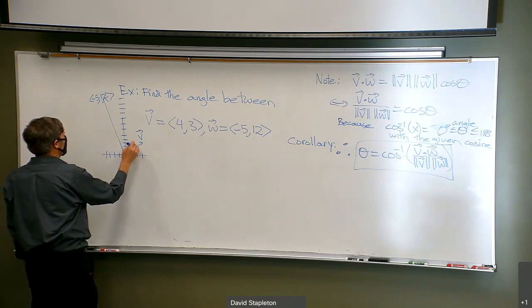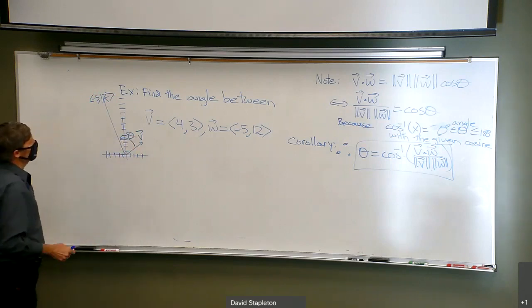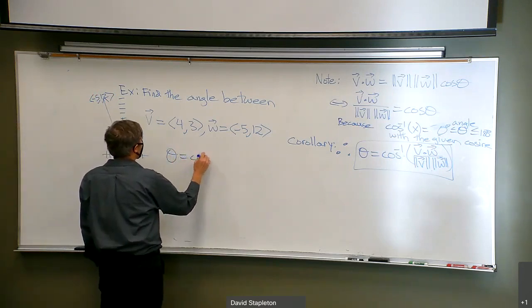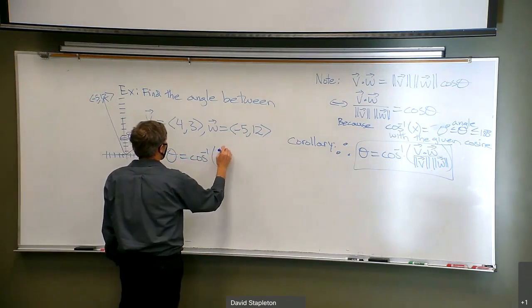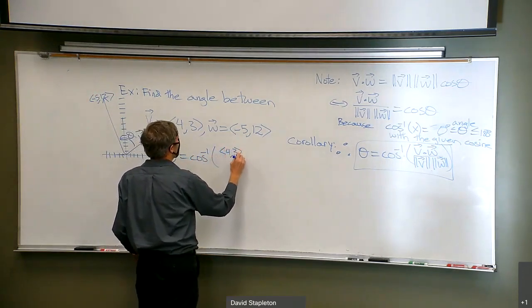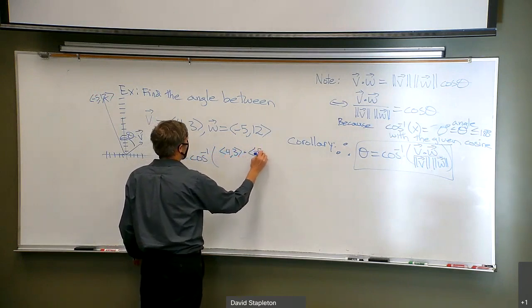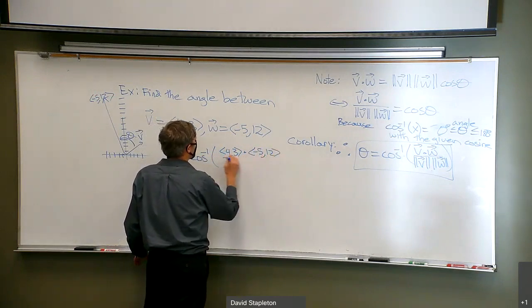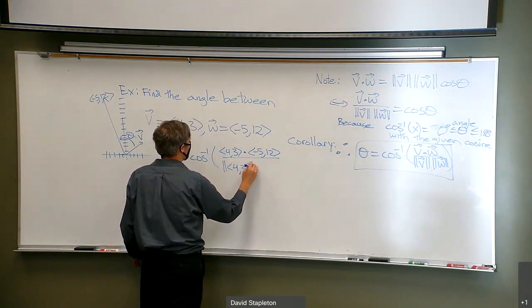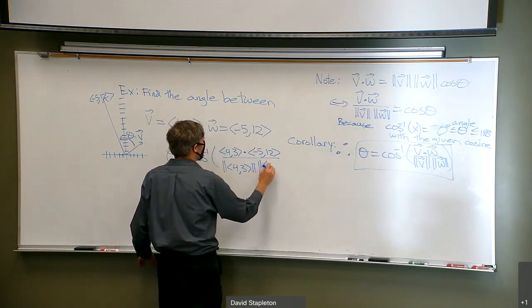So the angle between them is going to be this one, not this one. What angle is that? All you have to do is go straight to the formula. Theta is the arc cosine of V dot W, 4, 3 dot minus 5, 12, divided by the length of 4, 3 times the length of minus 5, 12.